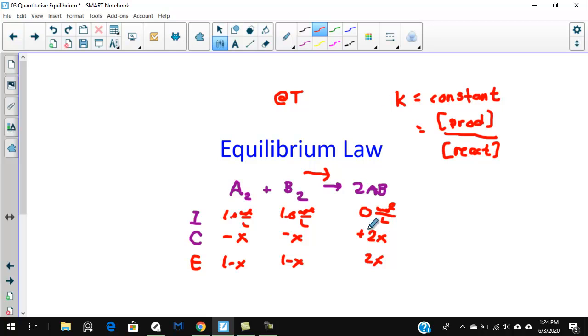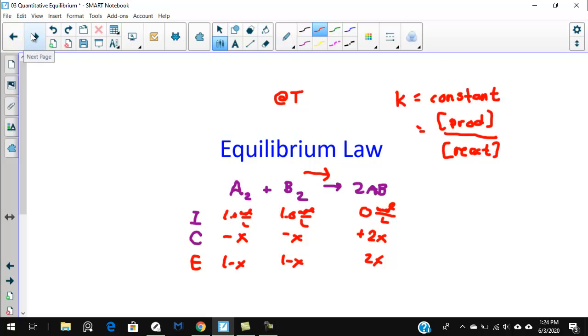So in these first few questions, I'm going to give you all of the data that you need in this ICE table to be able to get equilibrium values and calculate K. And then in the next step, probably next week, we will take equations where you don't know the equilibrium values, you don't know what X is, but I will give you a K and show you how to solve for X. Okay, so that's kind of our ultimate goal. But let's start out by looking at how we find K for a reaction.